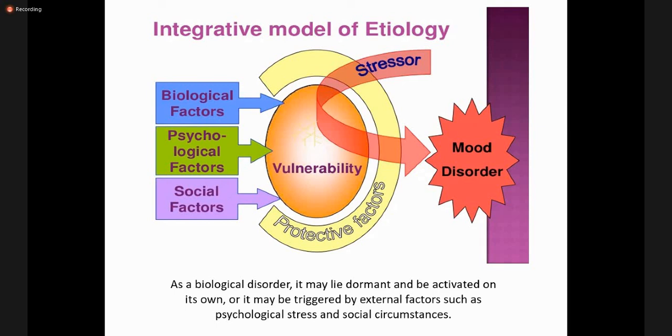In psychological factors, there might be childhood experiences, current stressors. Social factors may be poverty, joblessness, right? So when a person has all three, they might have dormant disorders. And it's not just for mood disorders, even for psychotic disorders, this is how the etiology goes.